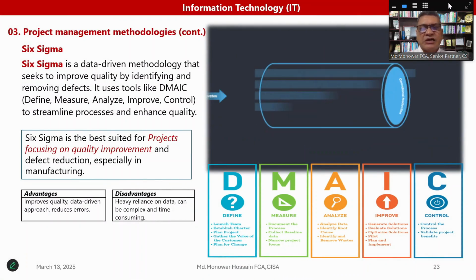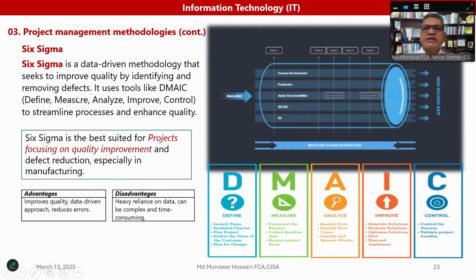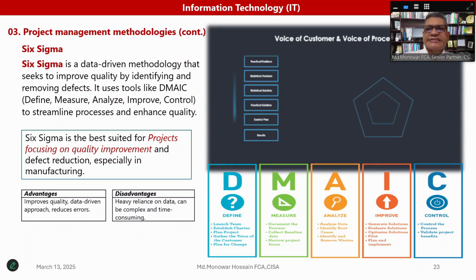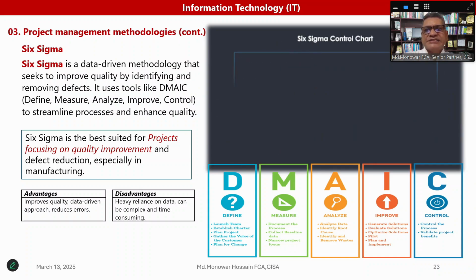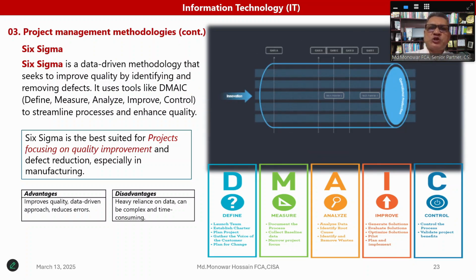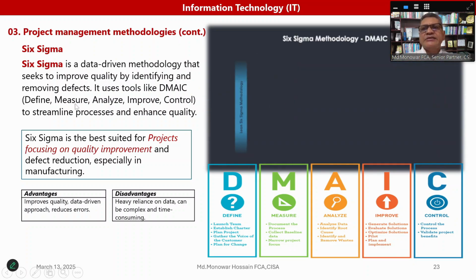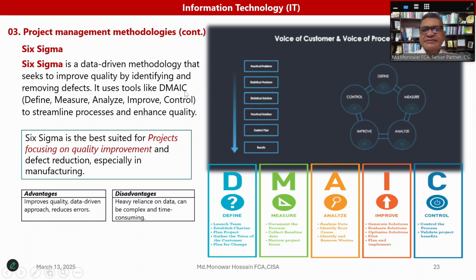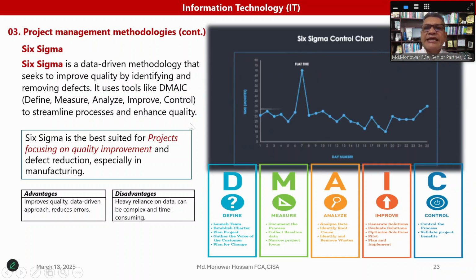Now the Six Sigma. What is Six Sigma? Six Sigma is a data-driven methodology that seeks to improve quality by identifying and removing defects. It uses tools like define, measure, analyze, improve, and control (DMAIC) to streamline processes and enhance quality.